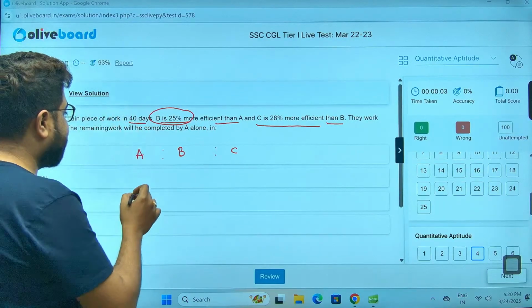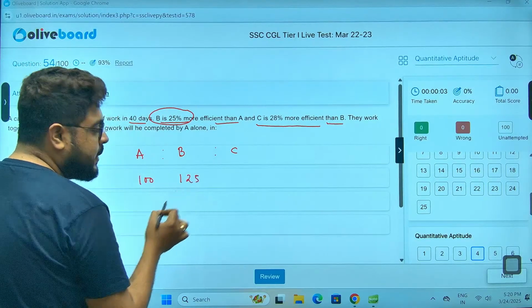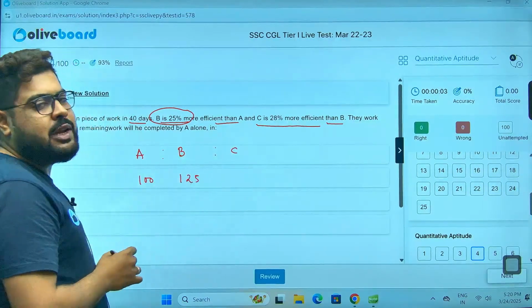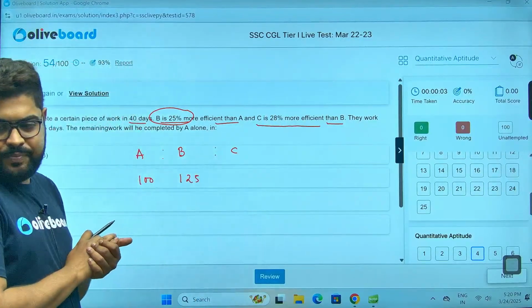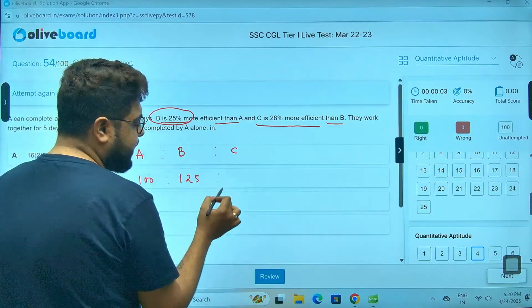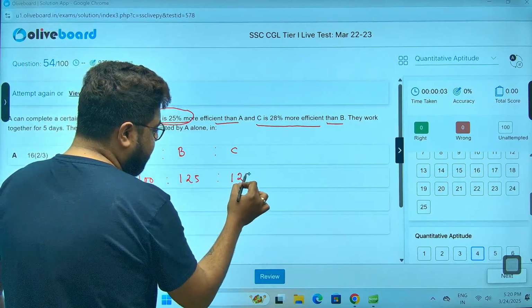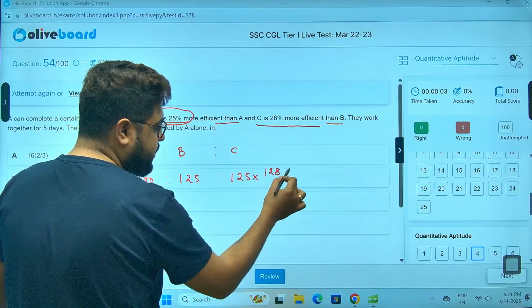If A is 100, B is 125. The value of C will be a little tricky because it will be 128% of 125. Let's do it. Nothing much will come up. 125, 28% more means 128%.